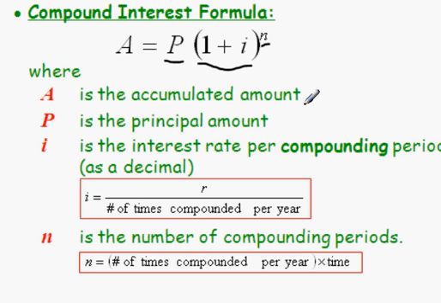So A is our total amount of money, P is the starting amount of money, or the principal, i is the interest rate per compounding period as a decimal, and what that means is you take your regular rate as a decimal and you divide it by the number of compounding periods, which we'll do in a couple of examples. And for n, you have to take the number of years and multiply by the number of compounding periods.